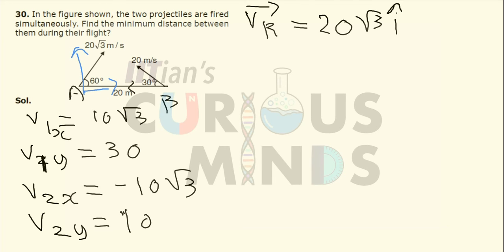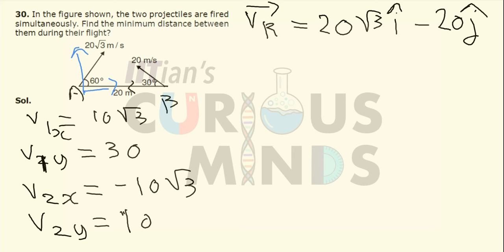This is the velocity of A with respect to B. And in the y axis, when I subtract 30 minus 10, it is equal to 20 j cap.